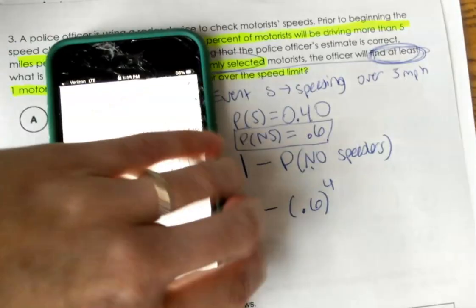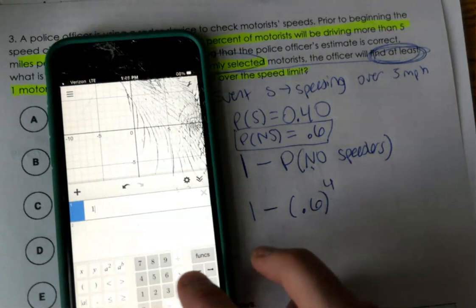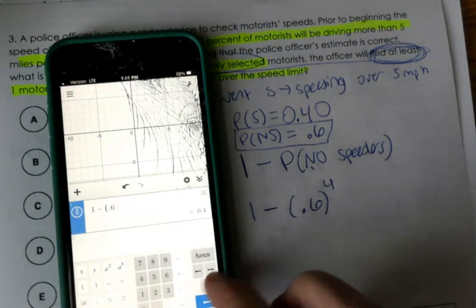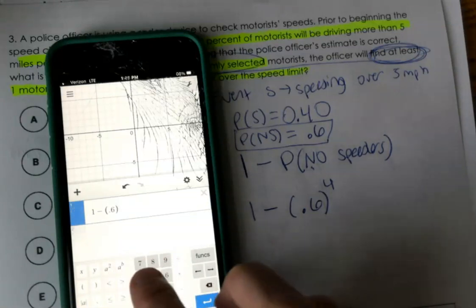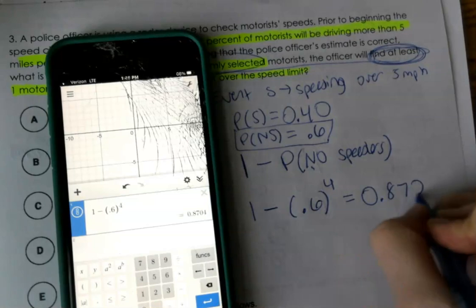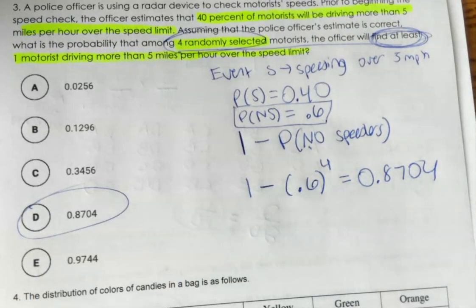So let's go ahead and put this in Desmos and see what we get. All right, so D is our answer.